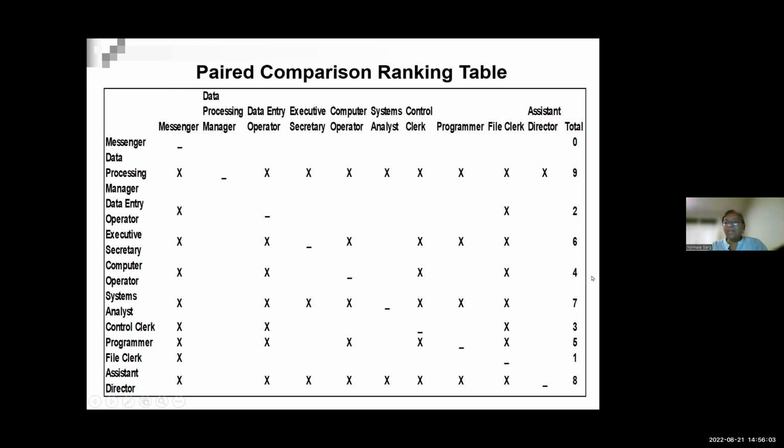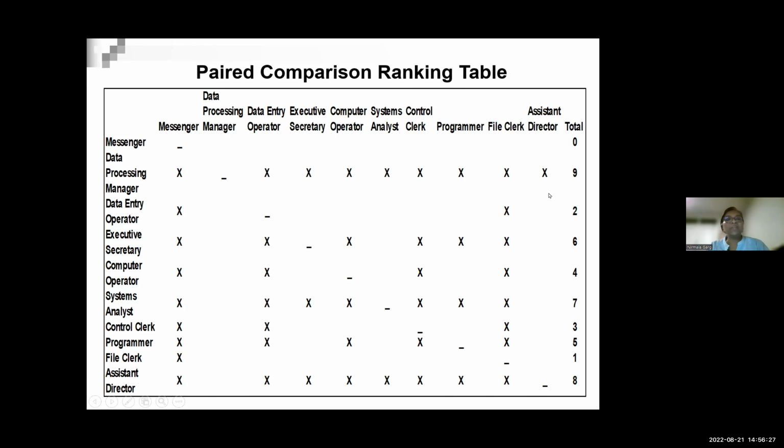Then at the end of it, you are collating all these cross marks and you are putting them as ranks. Now you can see that all these cross marks have been totaled and there is a rank here. That is, you have 1, 2, 3, 4, 5, 6, 7, 8, 9. So higher the number, higher is the job.